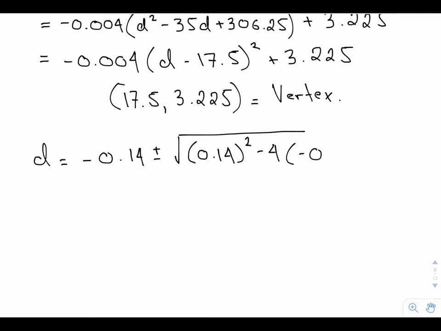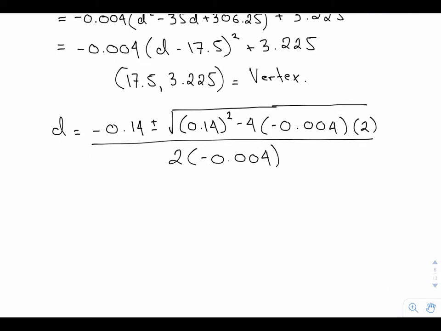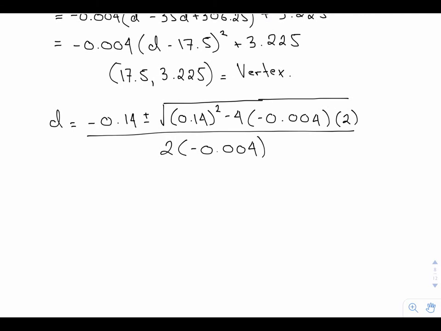My a value is 0.004. My c value is 2, and that is all over 2 times negative 0.004, close bracket.